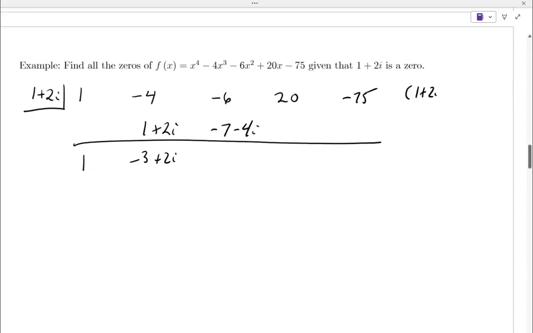I'd have 1 plus 2i times negative 3 plus 2i. So if you multiply it out, that's what it would look like, right? I just simplified it along the way. Please write it out if you need to. Next step is to add down negative 13 minus 4i.